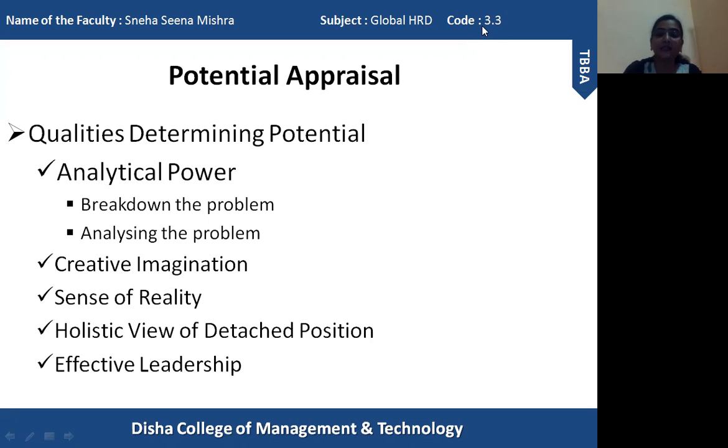So sense of reality is a very important quality which each and every employee must have, because this will help the employee to understand the problem and try to find a solution which can actually give good results to the organization.